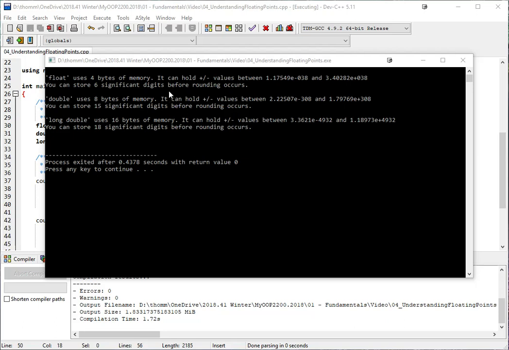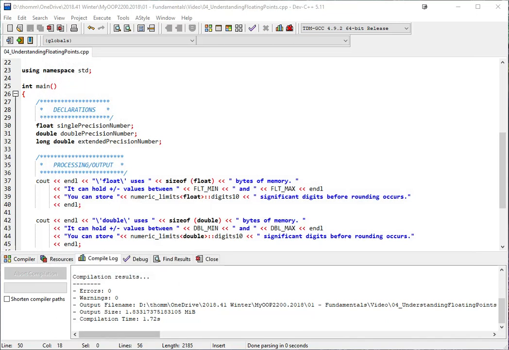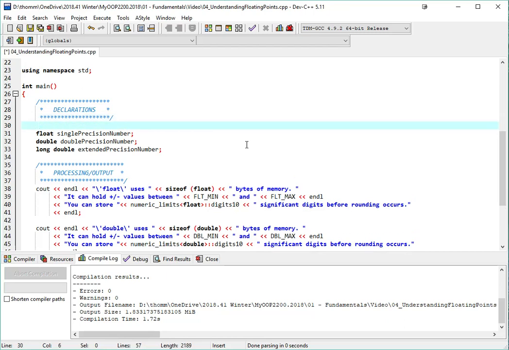What I'm going to do next is add some code where we're actually going to test out these significant digits and see if we can prove that we're getting at least this many significant digits for each of these three data types. To begin this experiment, I'm going to create a constant. It's a long double constant, a number with lots of significant digits.